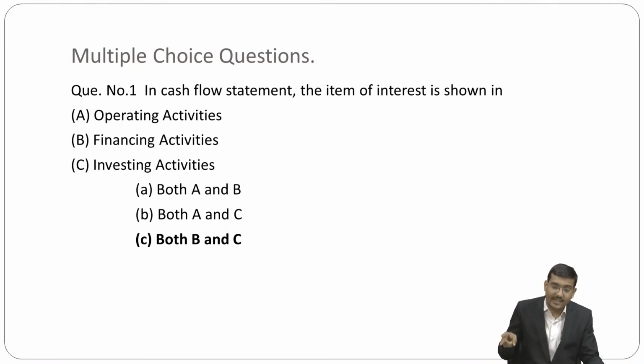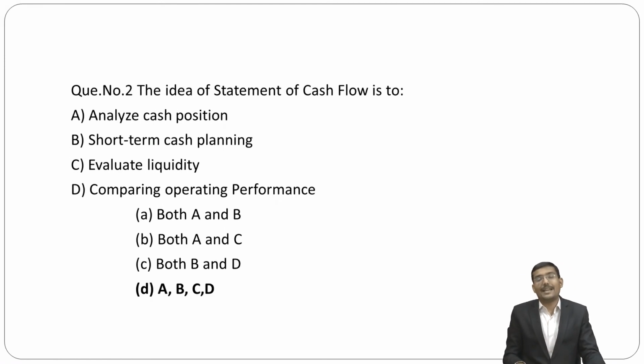In both these activities, it is added. The next question is, the idea of a statement of cash flow is to analyze the cash position, short-term cash planning, evaluate liquidity, and compare the operating performance. So we can say that all of the above, that is A, B, C and D. So the answer D is appropriate.